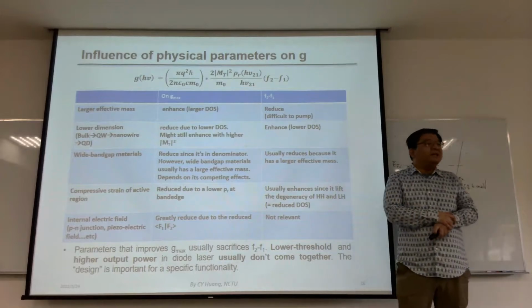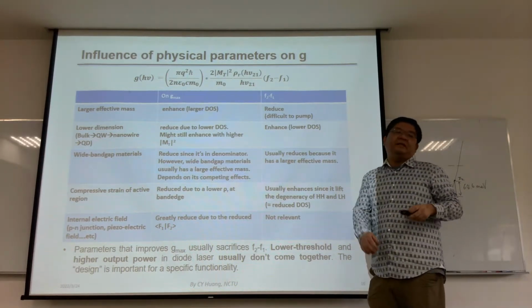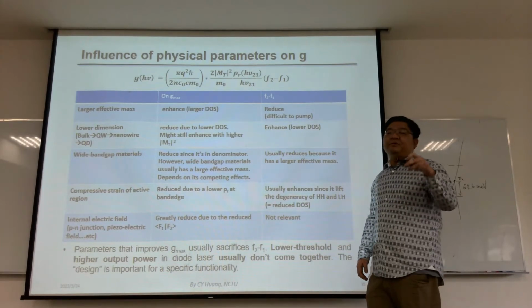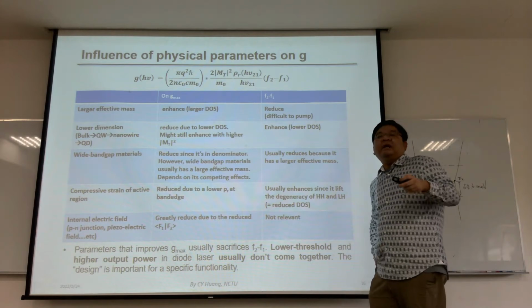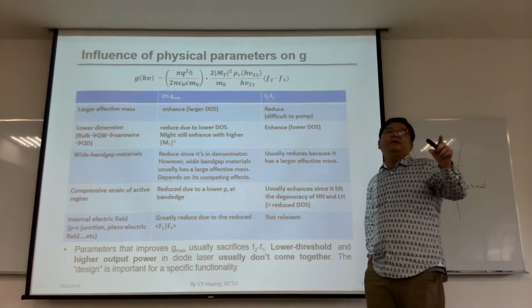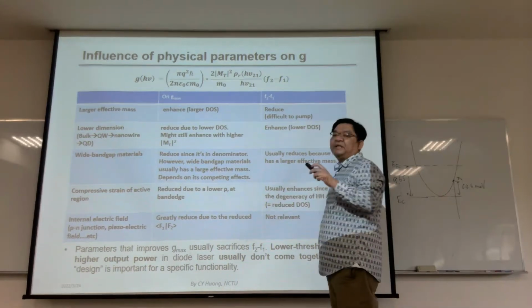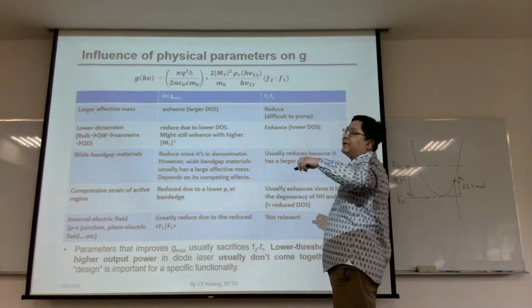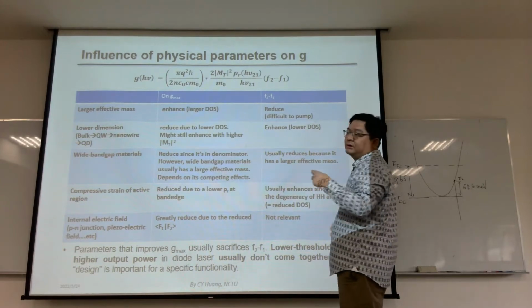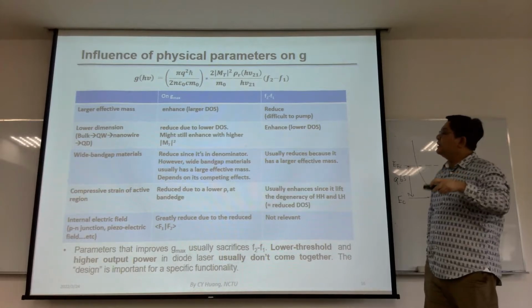So it is selective. So it doesn't have a direct conclusion. That will depend on the polarization of your light and how your conduction band changes with different dimension. So it's not definite. It could make Gmax higher or Gmax lower. That depends on your design. So there will be lots of work to do here.